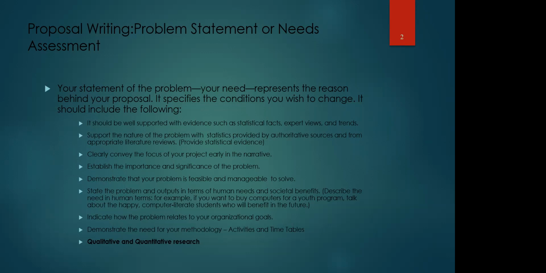If it's not related to your goal, then you need to find something else to do. What do I mean? If the purpose or goal of this organization is to reduce the number of killings, and the problem that you're talking about is kids playing jump rope, those two don't make sense. So make sure it makes sense.